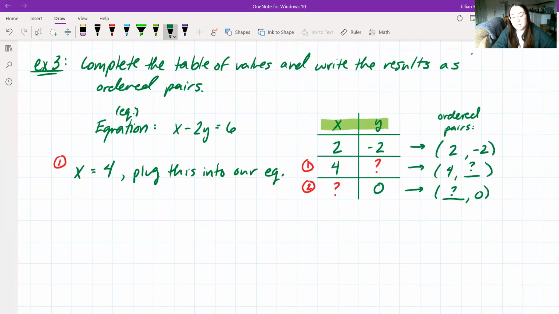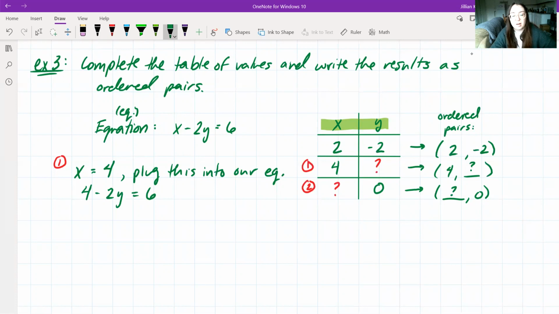So if we're plugging x equals 4 into our equation, this means that instead of x minus 2y equals 6, we're now going to have 4 minus 2y is equal to 6. And we're solving for y because that's a missing value in our table and also in our ordered pair.